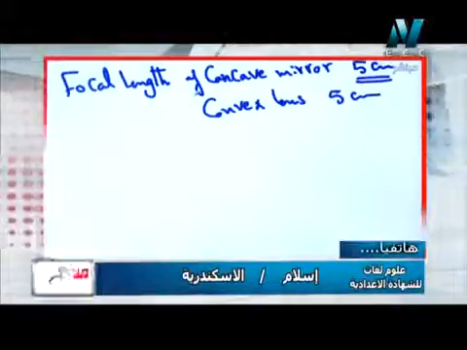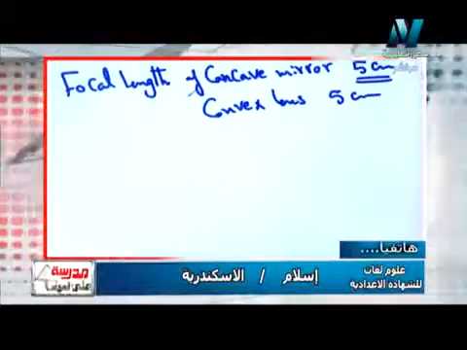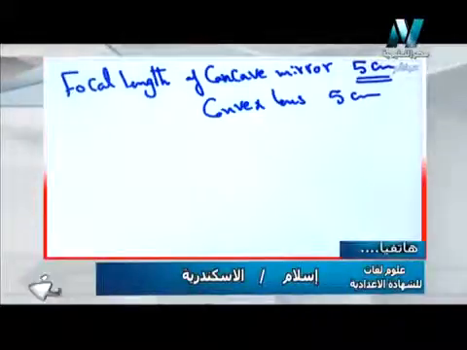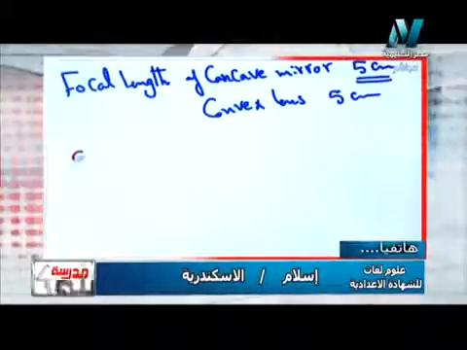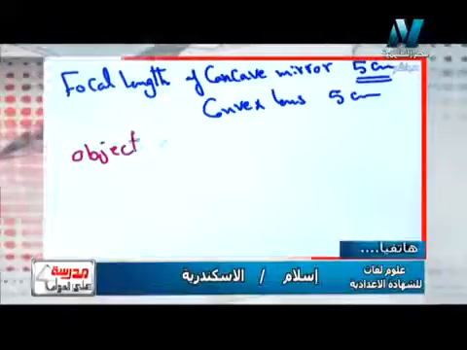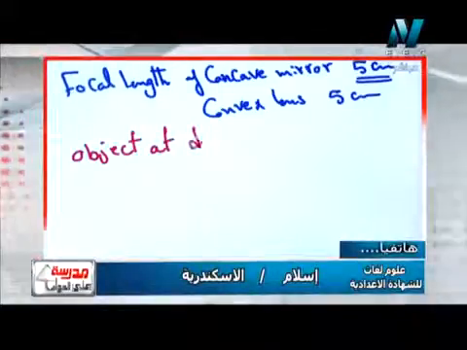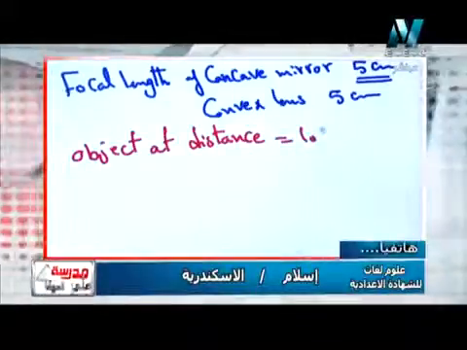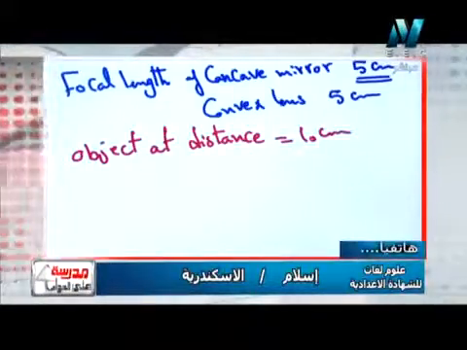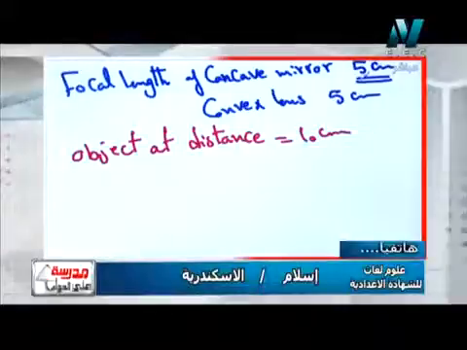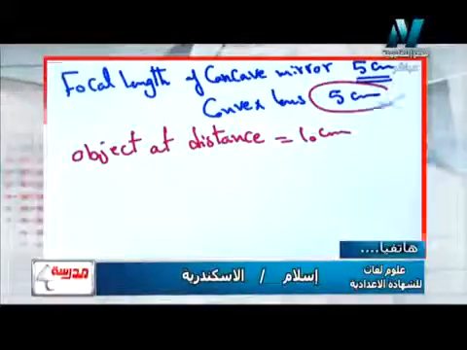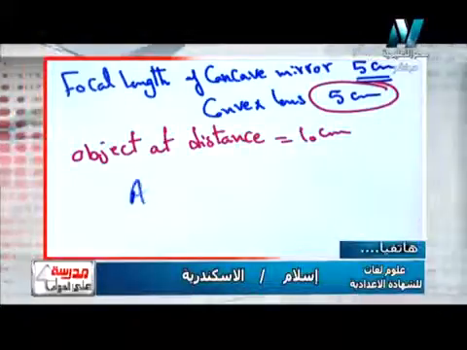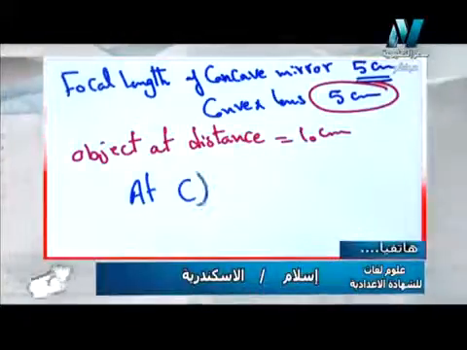The object is at a distance of how many, Islam? 10 cm. If the object is at a distance equal to 10 centimeters and the focal length equals 5 centimeters, so the object is at the center of curvature.